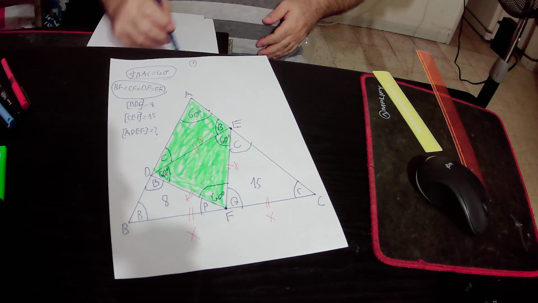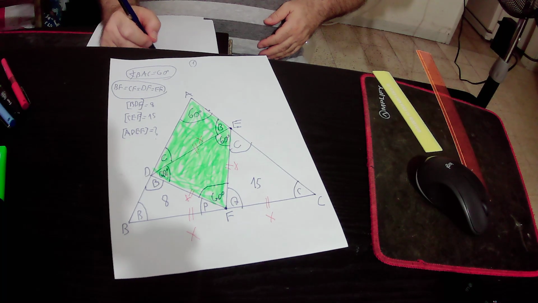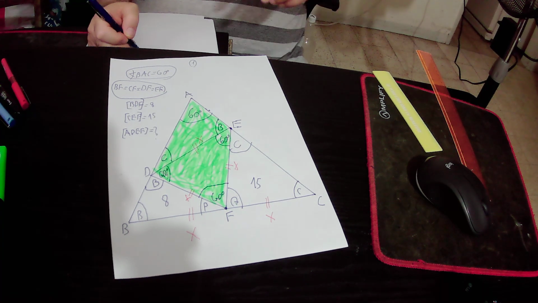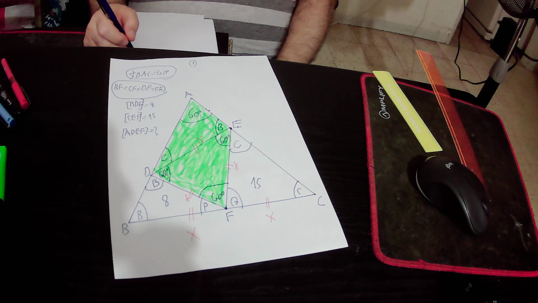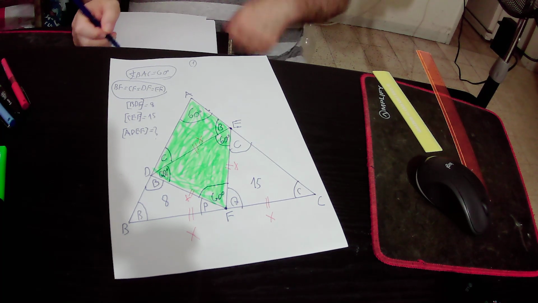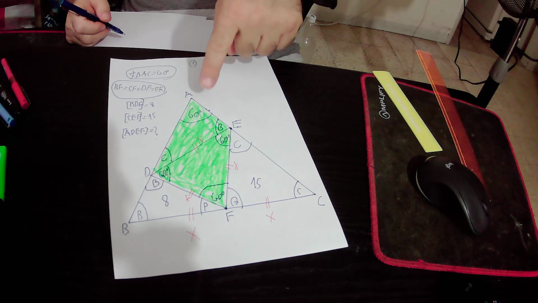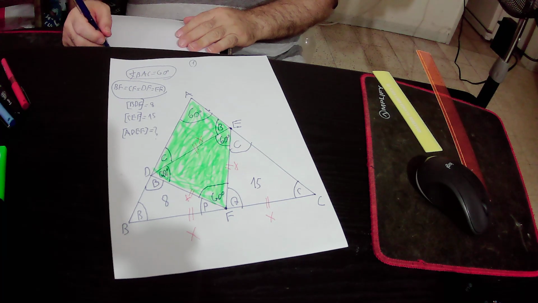So the area of quadrilateral BDEC will be equal to the area of the big triangle, triangle ABC, minus the area of triangle ADE, the green small triangle.